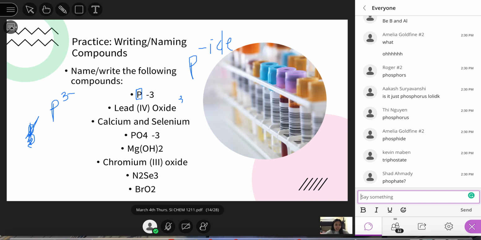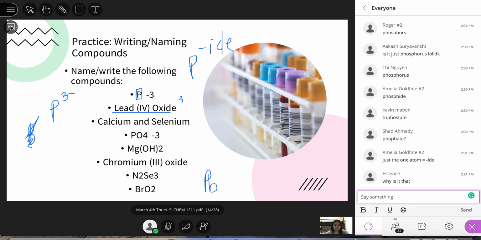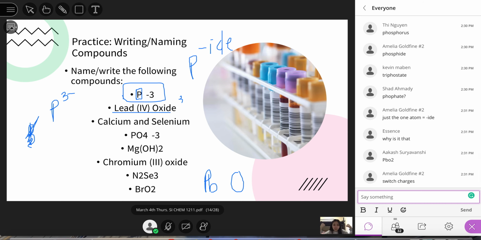And then lead oxide, what's that going to be? Well, it's just for this case. I'm not sure why. It just is. I don't think you guys are going to have something like that on the exam, so you don't have to worry. That's just an example of how to name them. Lead. Okay, we have PbO2. Any other takers? And how do we get that answer? Is there someone else that wants to switch charges?